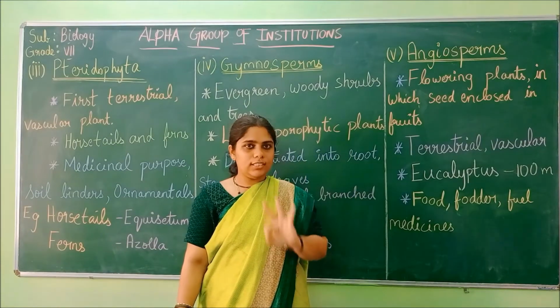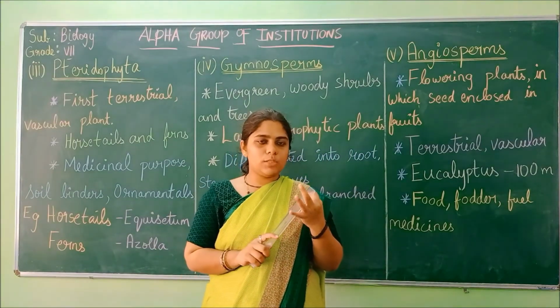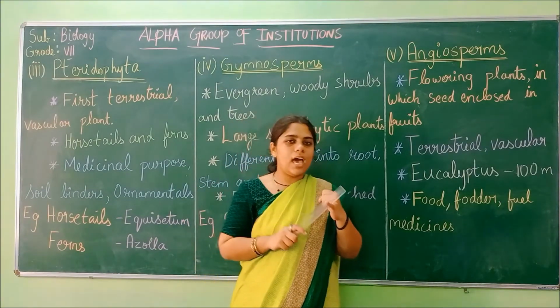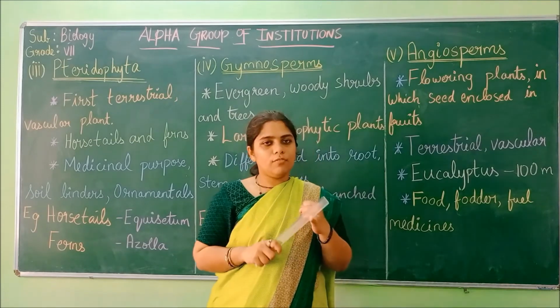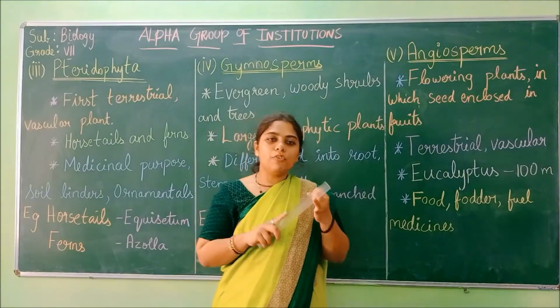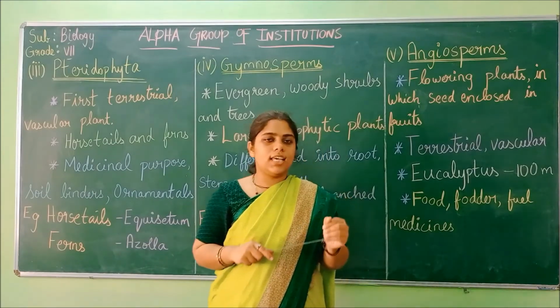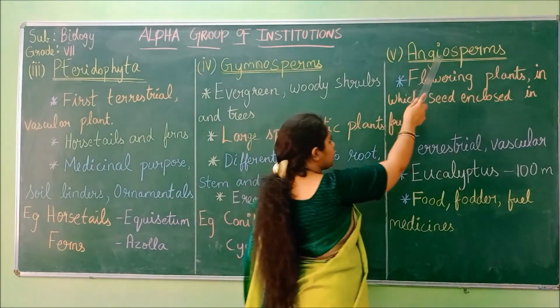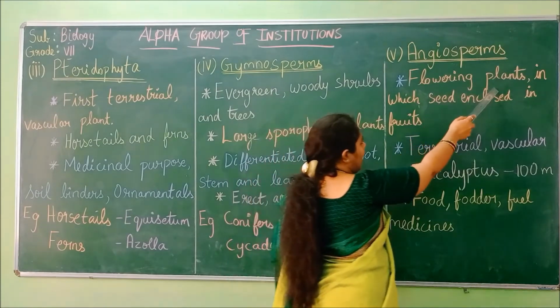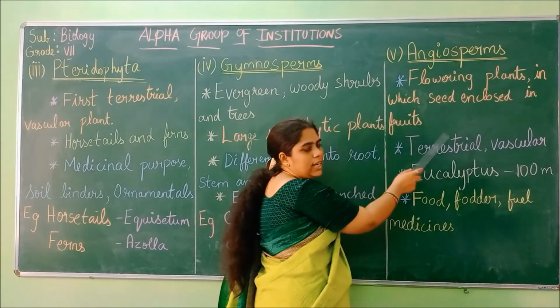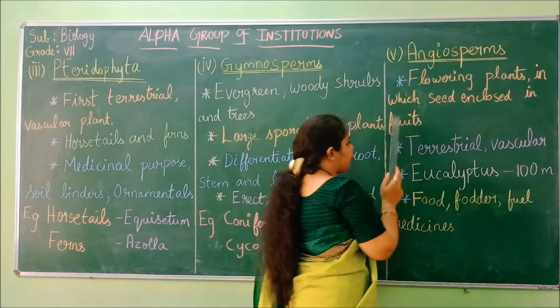So we have three things in angiosperms. First, they have flowers, they are the flowering plants, and fruit will be present, and inside the fruit they have seeds. So angiosperms are flowering plants in which the seed is enclosed in fruits.